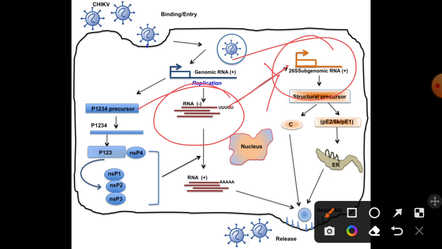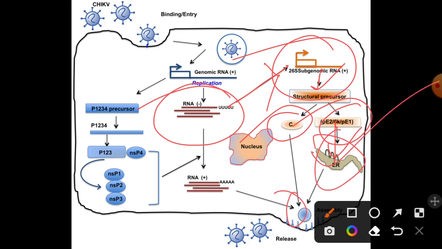Now this 26S subgenomic RNA will lead to the formation of the structural precursors, C protein and PE2, PE1 and 6K. Those proteins will be synthesized in the ER, and there will be assembly of all the PE2, PE1, 6K, C and the positive sense RNA genome containing poly A repeats.